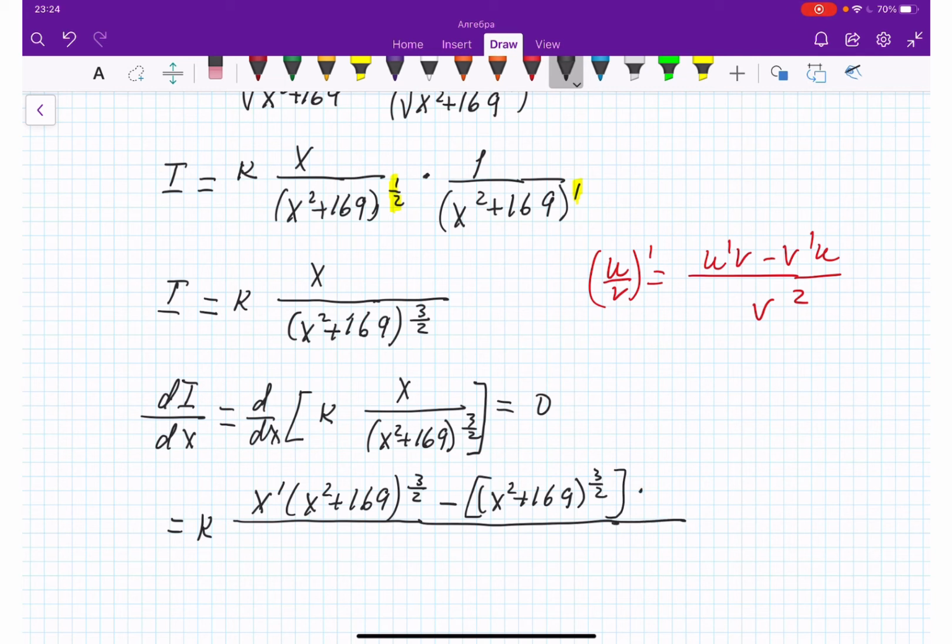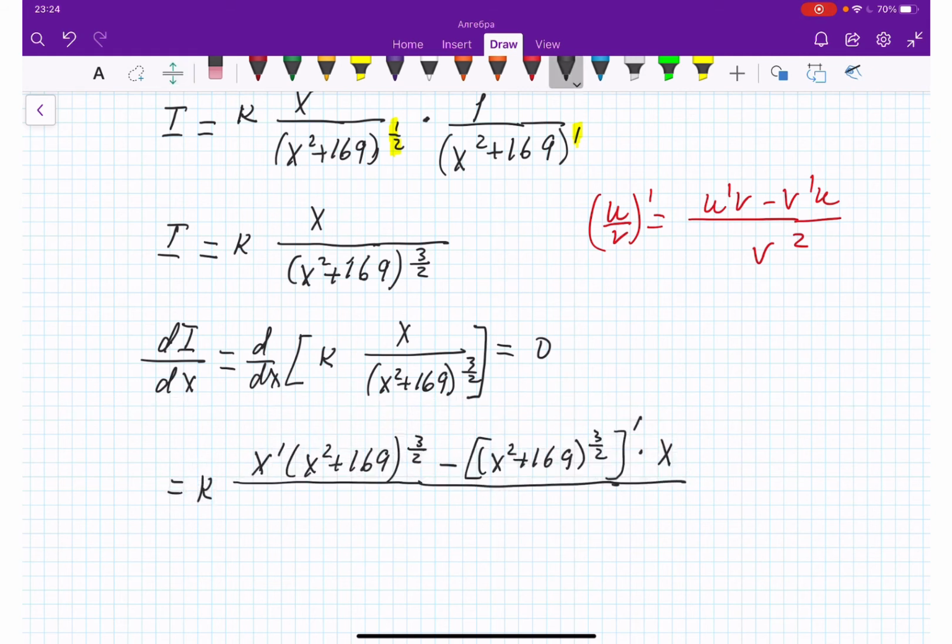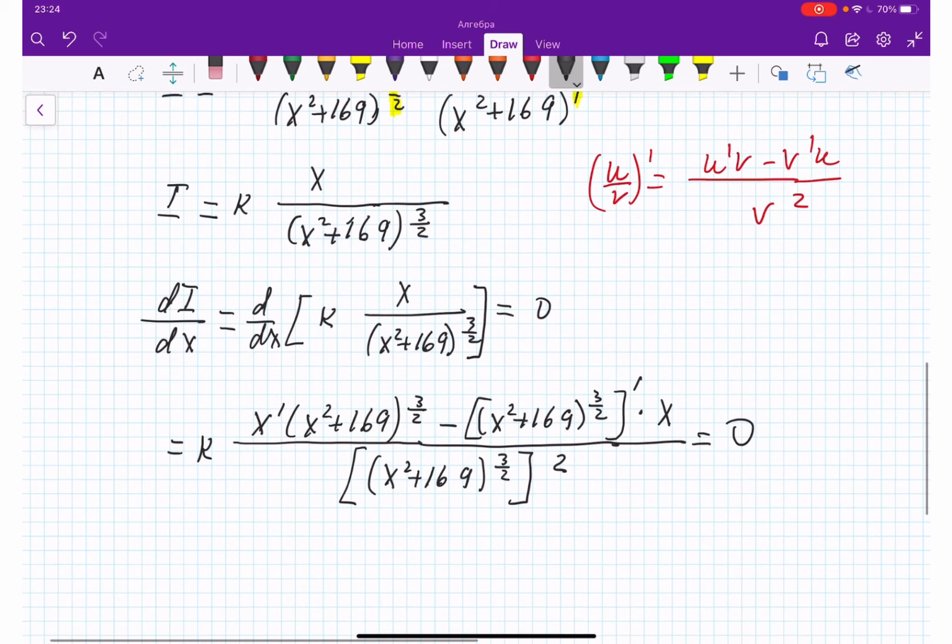And times u, which is x in our case, and we divide by v squared, which is x squared plus 169 to power 3 over 2 squared. This is equal 0. All right?